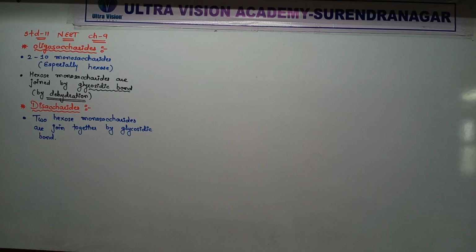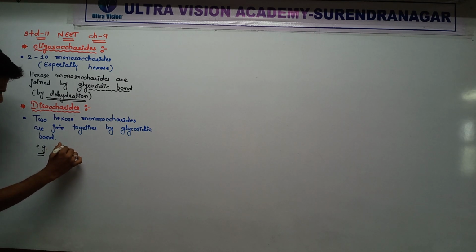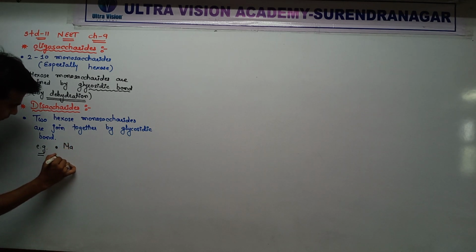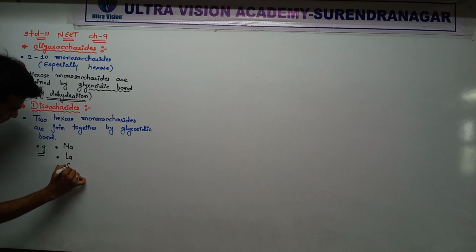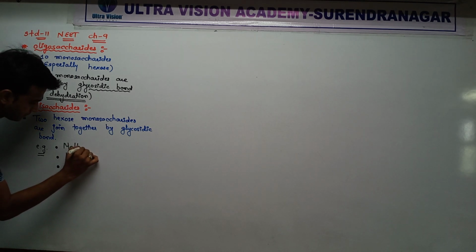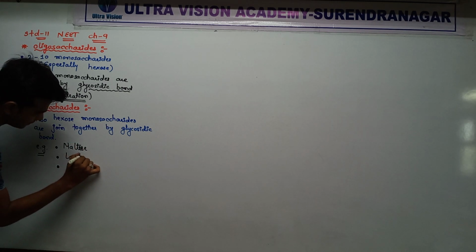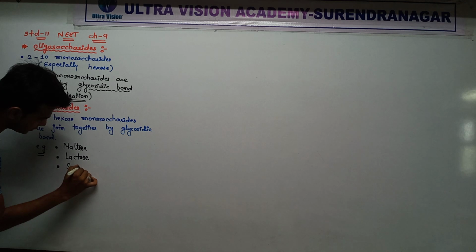Just for example, for easily remembering this, you remember it as ma le su. For easily remembering these disaccharides, remember in this way: ma le su. Ma means maltose, le lactose and sucrose.